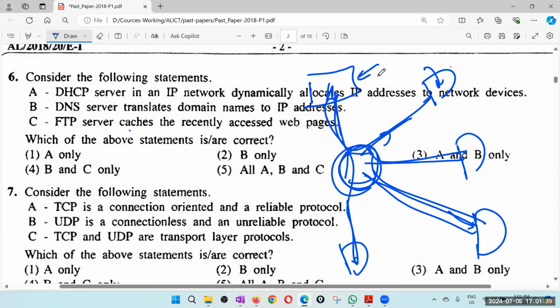If you have configured that this MAC address must always be given this particular IP address, then the DHCP service dynamically sends a static IP. But most of the time, it will send a random IP from the range. So most of the time it is dynamically sending a dynamic IP address, but there is a possibility of dynamically sending a static IP address. Then you need to configure that MAC address to IP address mapping in the DHCP server.